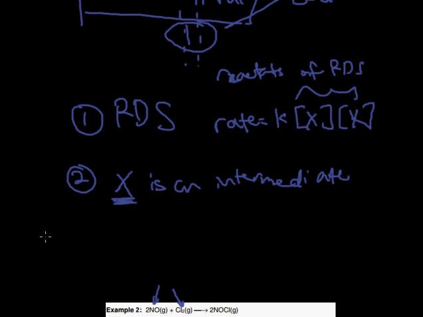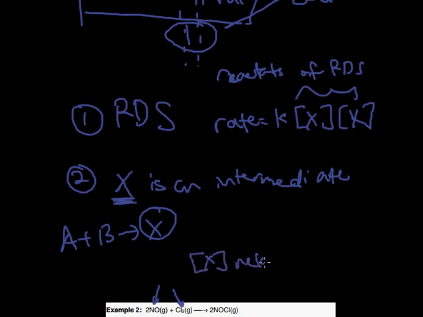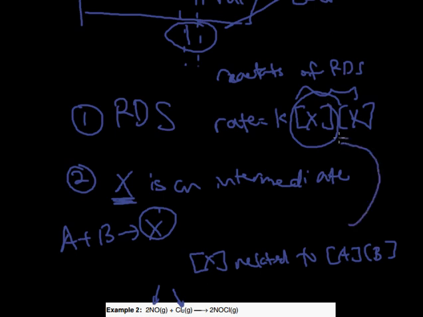So if previously you know that a plus b becomes x, then the concentration of x is dependent on the concentration of a times the concentration of b. Then you replace the intermediates, whatever intermediate it is, with the concentrations of a and b, and that's how you get the rate equation from a mechanism. And then you compare whether this agrees with the experimental data that you have got.